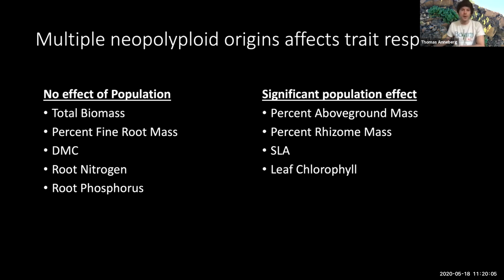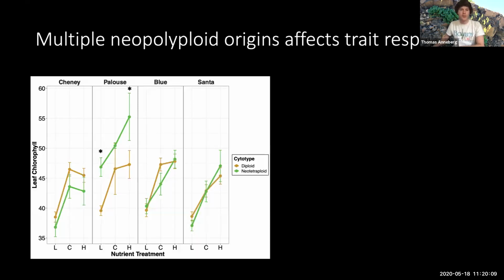So I only have time to really show you a couple of examples, or a couple of those traits. The most stark example to me was leaf chlorophyll, where I've got my 4 diploid sites that we collected our seed stocks from. On the top, you can see that Cheney, Washington, Blue Mountain, Washington, and Santa, Idaho, there was no effect of population on leaf chlorophyll content.